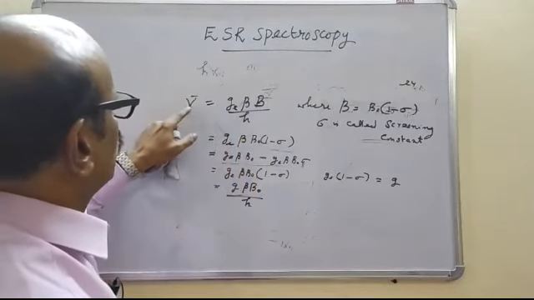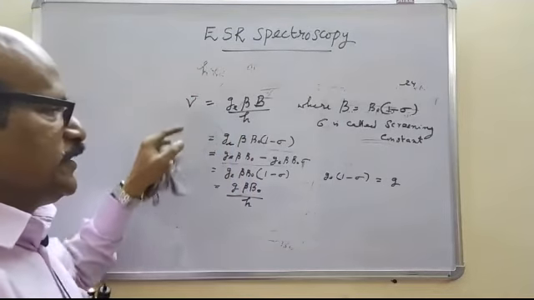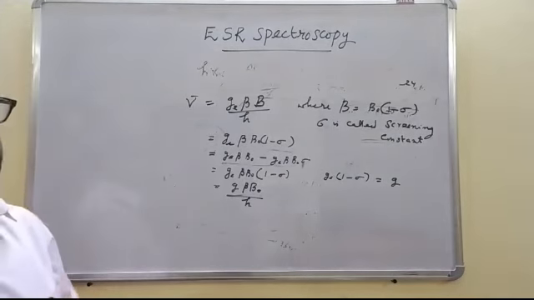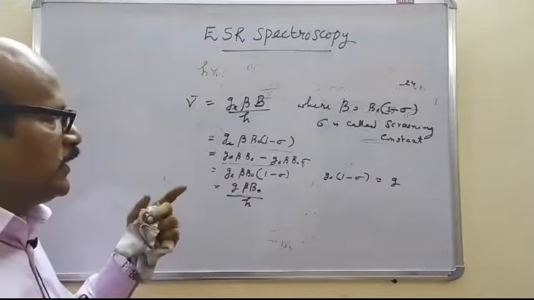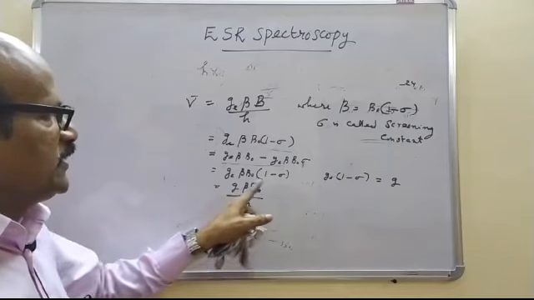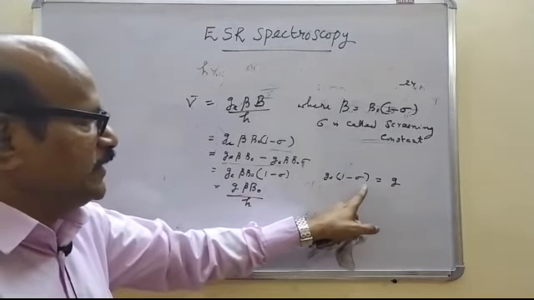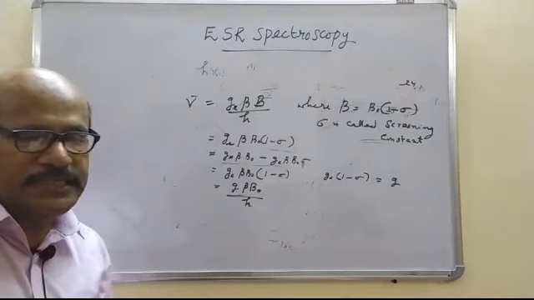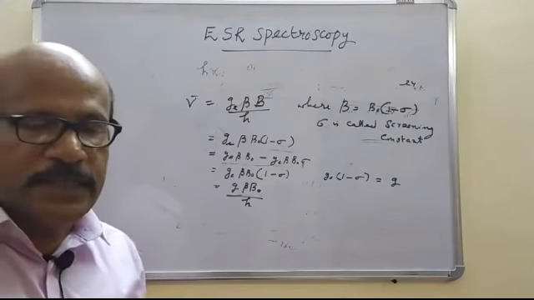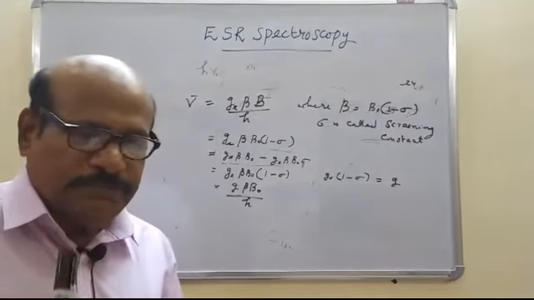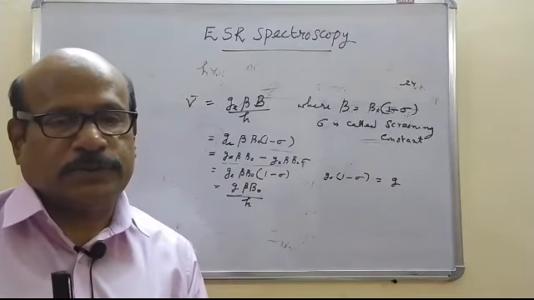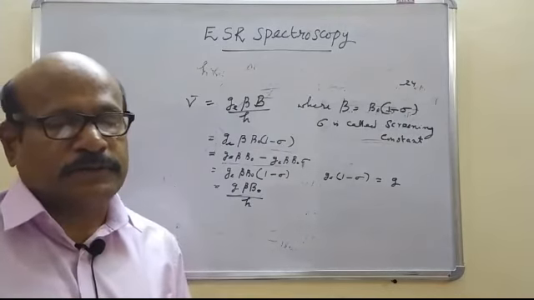Now our equation becomes like this. That is, nu bar, the frequency of the radiation at which the ESR absorption takes place, is equal to g beta B0 by h, where g is equal to g into (1 minus sigma), where g is called the electron g factor of the electron in an actual molecule, which should be different from the g value of the free electron.